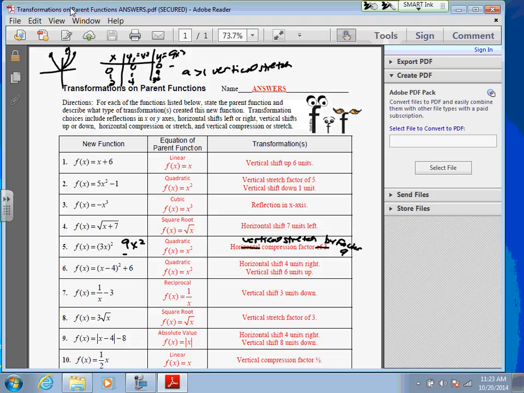Where they get their horizontal compression is, there's 2 ways to look at it. You can move it vertically, stretch it, or horizontally, if you took your hand like this around your graph and you squished it in, there's your shrink, there's your compression. So horizontally, you're compressing. Vertically, you're stretching.